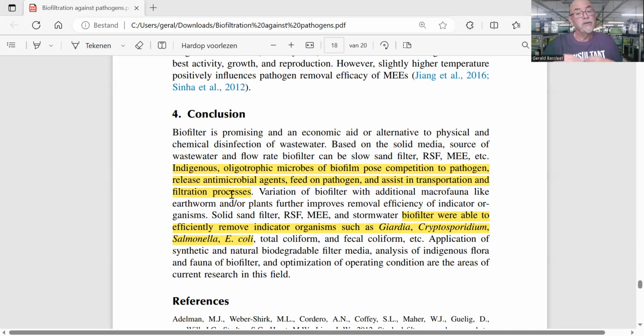A biofilm is a very important thing in a biofilter, helping in the cleaning of pathogens. And the biofilters discussed here were able to efficiently remove Giardia, Cryptosporidium, and Salmonella. So that means flagellates, parasites, and bacteria. Things that are very helpful for you when you're dealing with a biofilter.